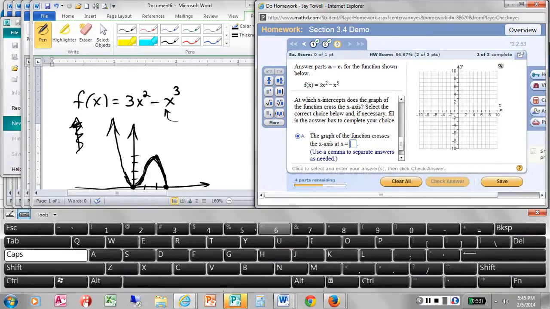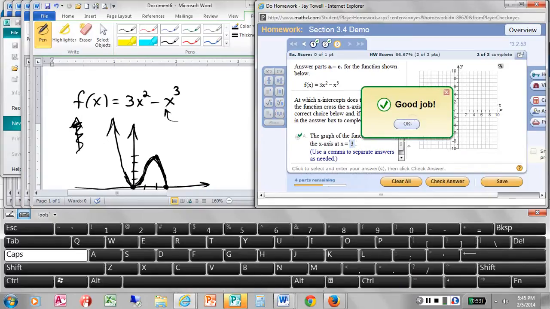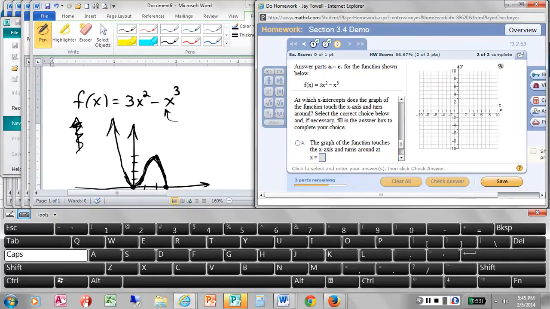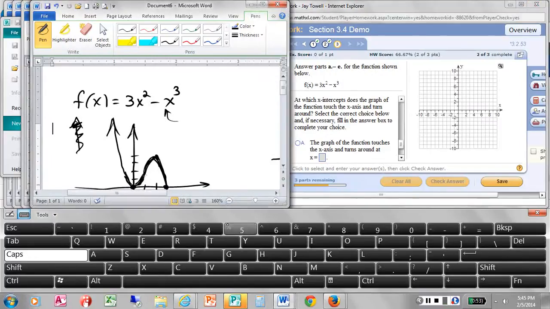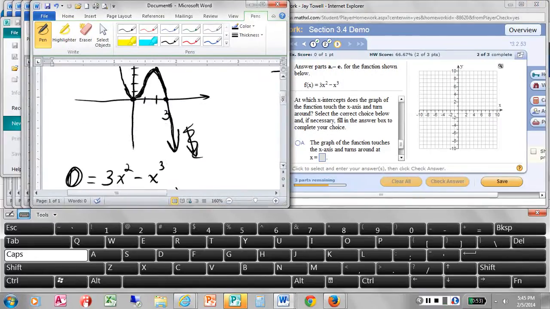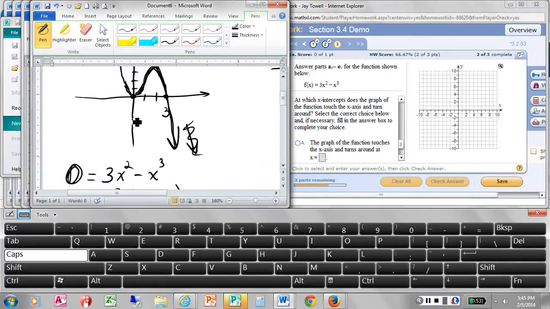So let me type that in here. All right, and then at which x-intercept does the graph of the function touch the x-axis and turn around? Well, that's what we saw with our x equals 0 value right there. Turn around at x equals 0.